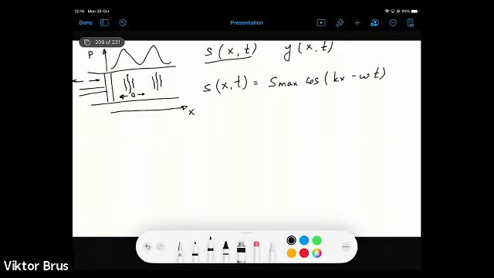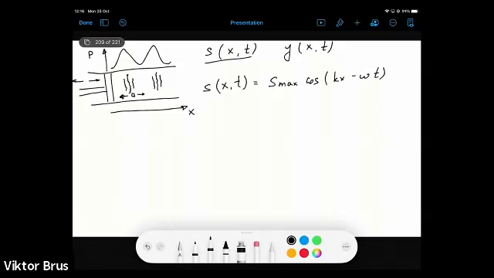So S maximum is the maximum displacement relative to equilibrium condition, which in our case is also the amplitude value for the displacement.